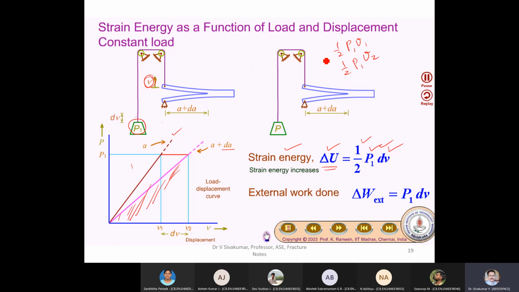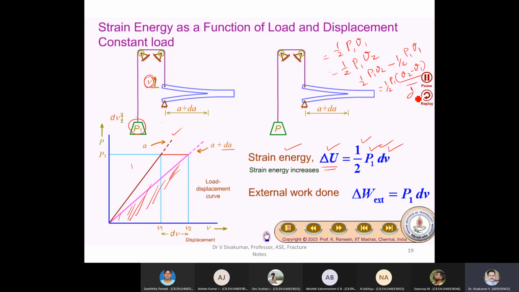So what is the difference in energy? This minus this. Half into P1 into V2 minus half into P1 into V1. The difference in energy is for the crack growth delta A. So you can take P1 outside: V2 minus V1.